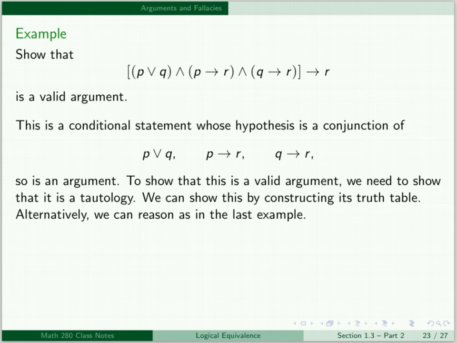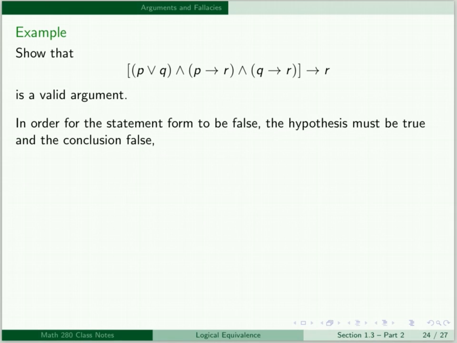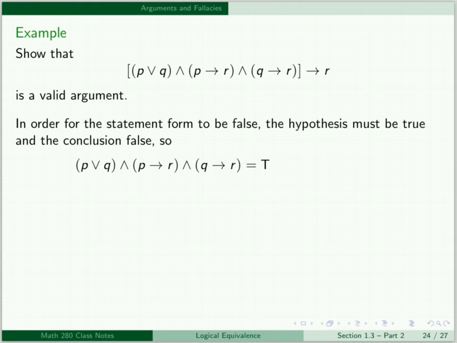Alternatively, we can reason as in the last example. In order for the statement form to be false, the hypothesis must be true and the conclusion false. So that means P or Q and P implies R and Q implies R is true, and the conclusion R is false.